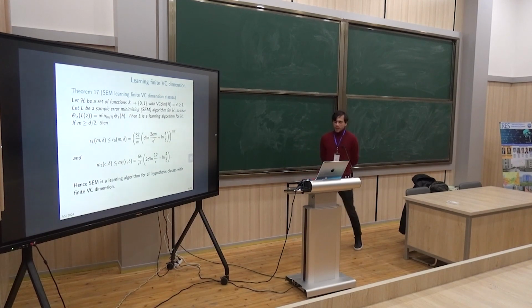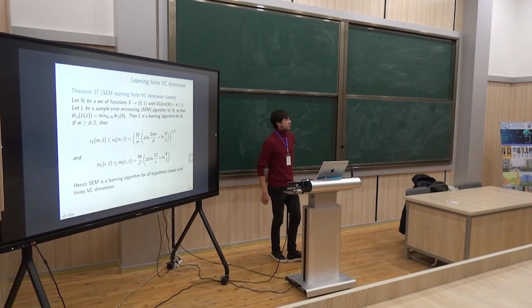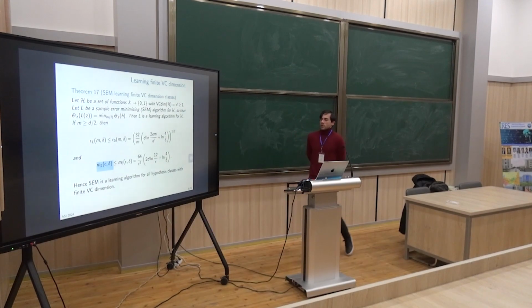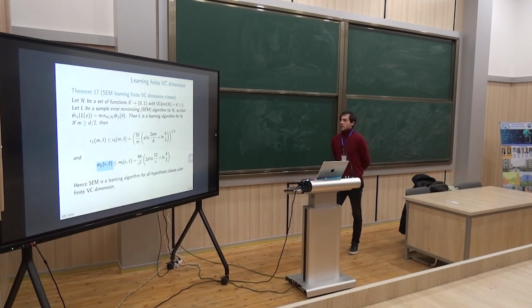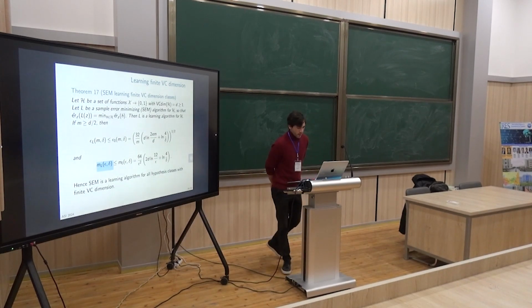So remember that what we wanted is to establish an upper bound for the amount of data that was sufficient for us to have the good properties. And here this is the upper bound. So m_L is the sample complexity for the learning algorithm. Here the sample error minimization algorithm is bounded from above by this quantity. Maybe the constants here are not super important, but we have 1/epsilon² times D, where D is this VC dimension.